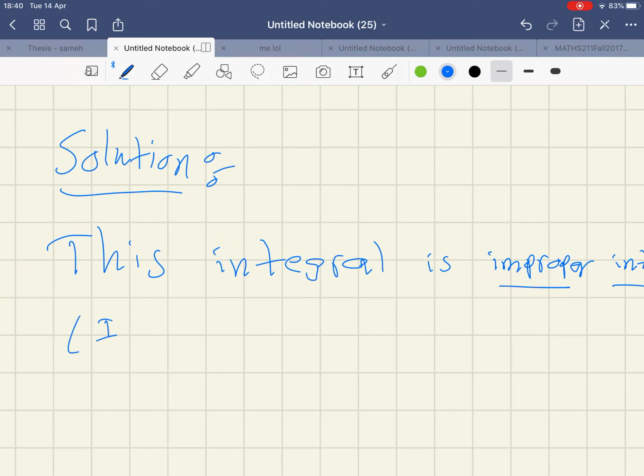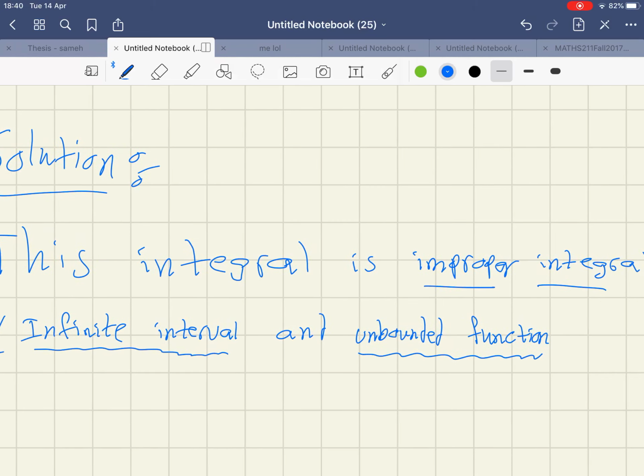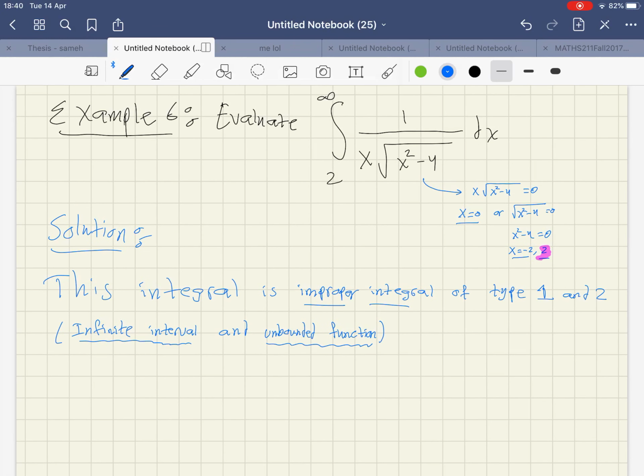We have infinity, which is an infinite interval, and also we have the unbounded function. So we have two types for this integral to be improper: we have an infinite interval and we have an unbounded function.